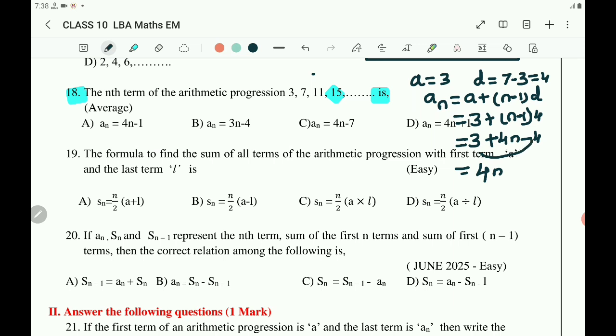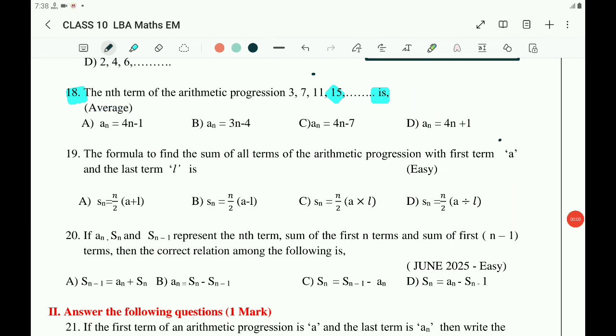Then 3 minus 4. 3 minus 4 is minus 1. Then which is the answer? Here a_n equals 4n minus 1. That is the first option. Option A, a_n equals 4n minus 1, is the answer.